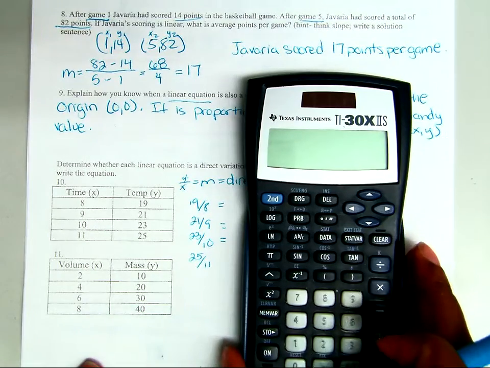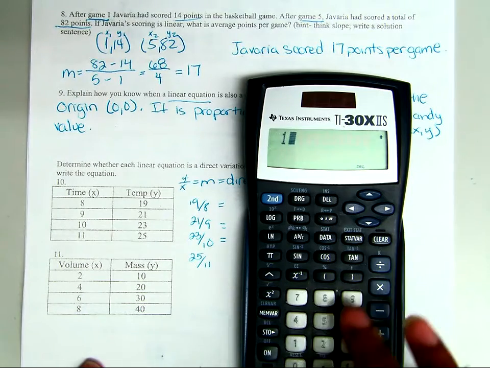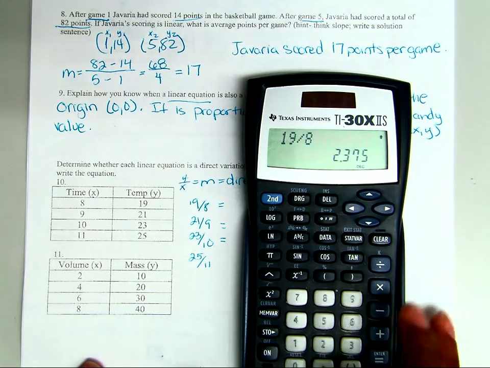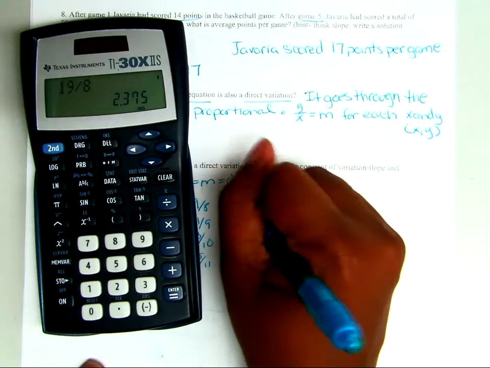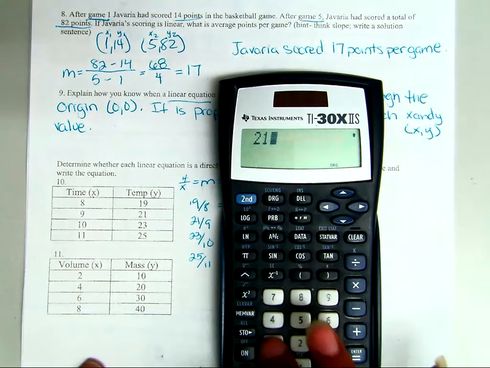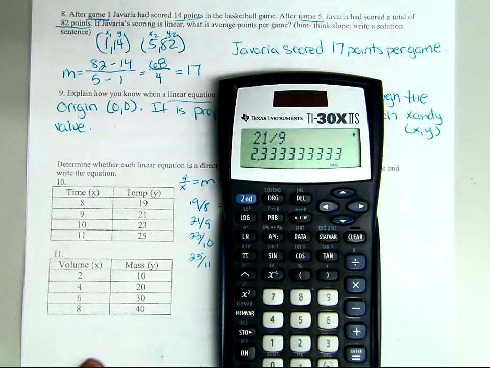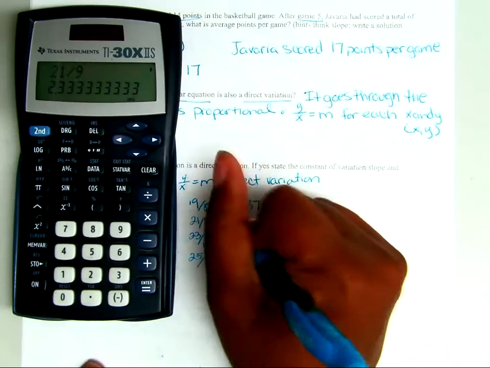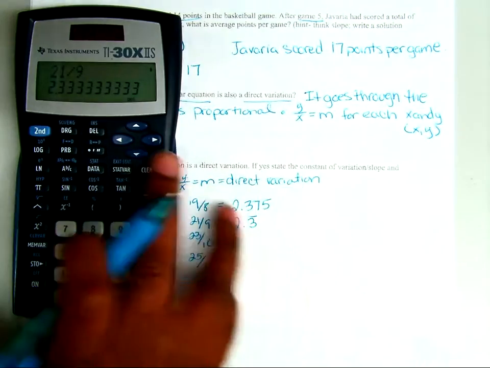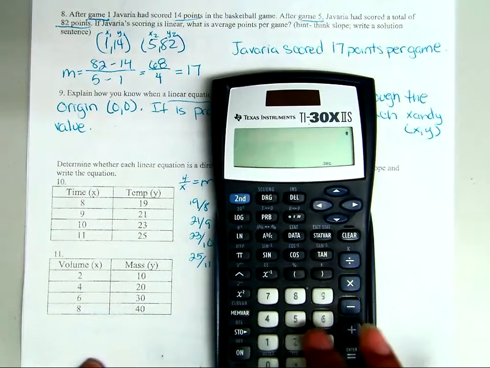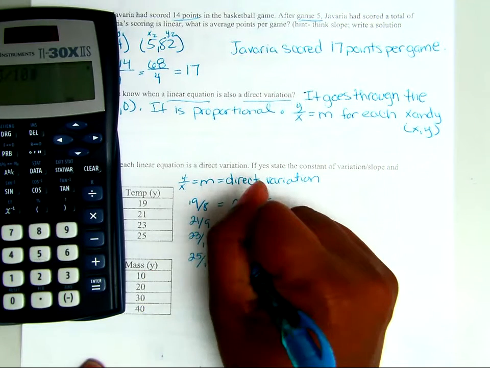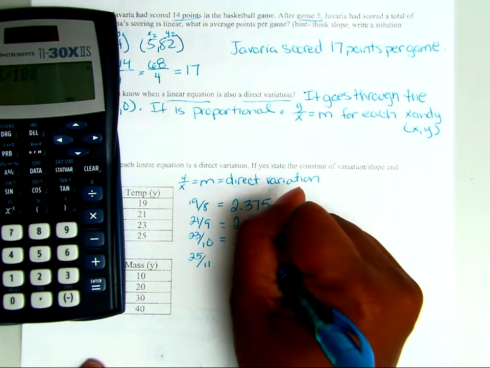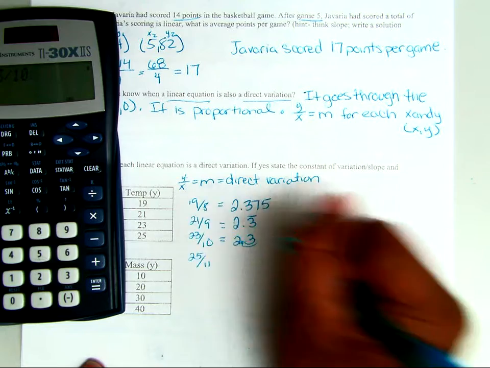Calculator. 19 divided by 8 is 2.375. 21 divided by 9. Wow, that's a lot of 3s, so I'm going to write that as 2.3 repeating. 23 divided by 10. I don't even need a calculator for that. If I divide by 10, my decimal was there, I'll bring it right here. So 2.3.